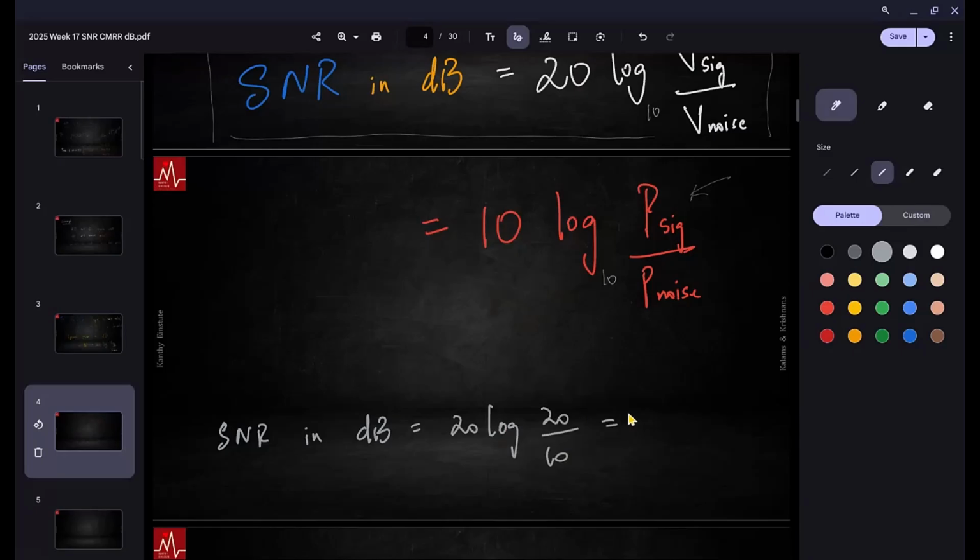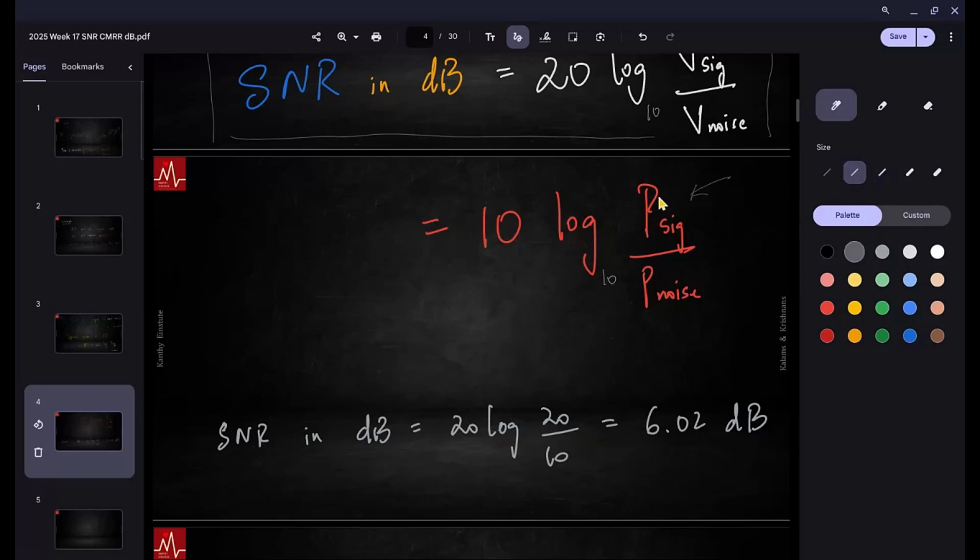That happens to be log of 2 into 20, that is 6.02 dB. And the intermediary connecting step is this.